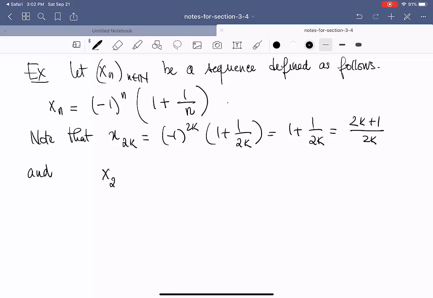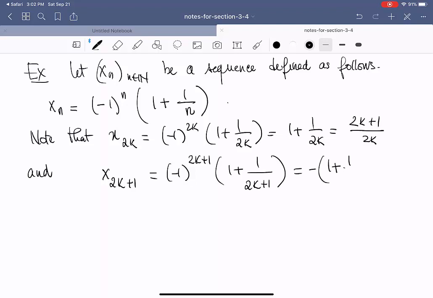And x2k plus 1 is negative 1 to the 2k plus 1, times 1 plus 1 over 2k plus 1. And I guess that would be negative 1 plus 1 over 2k plus 1, which is going to be negative 2k plus 2 over 2k.